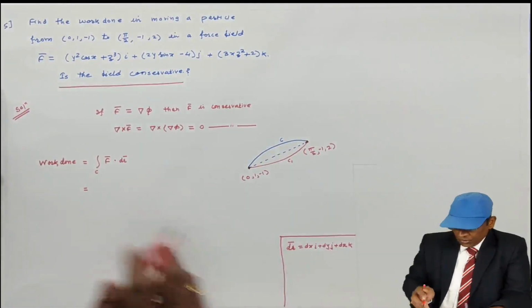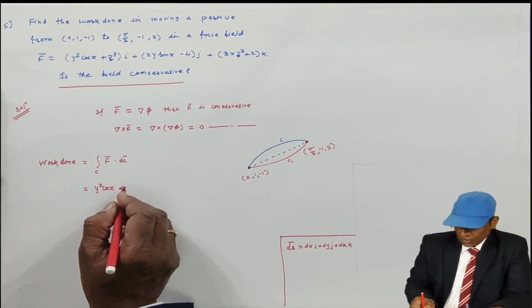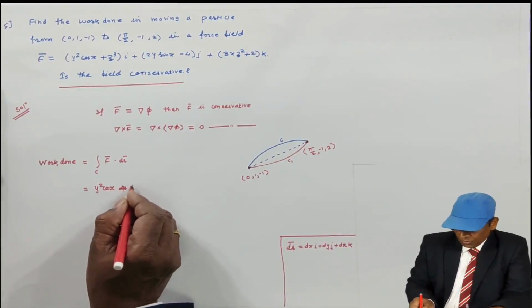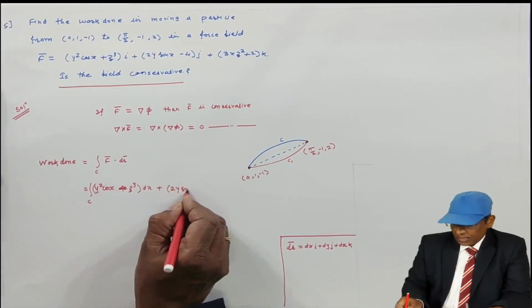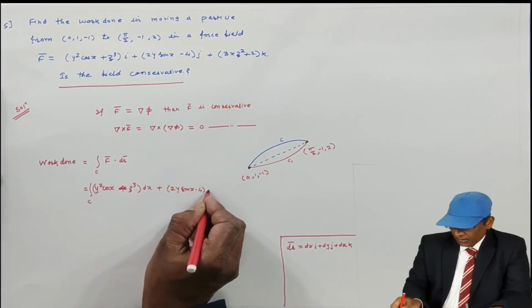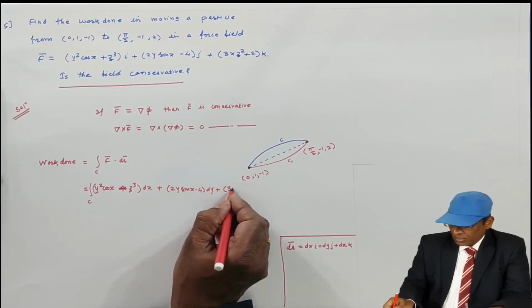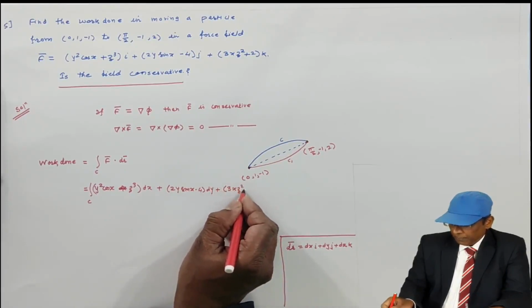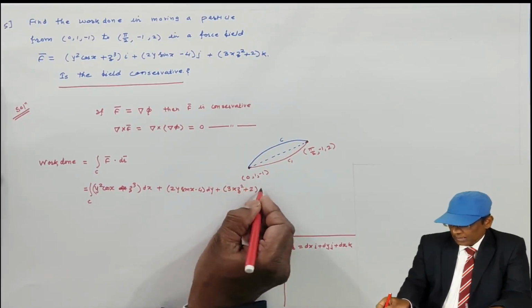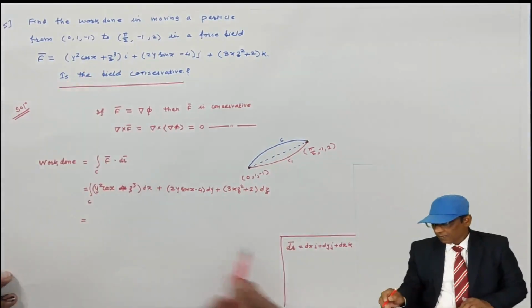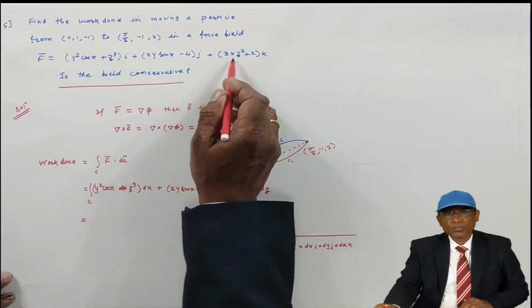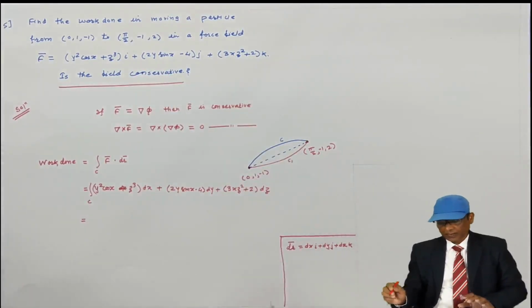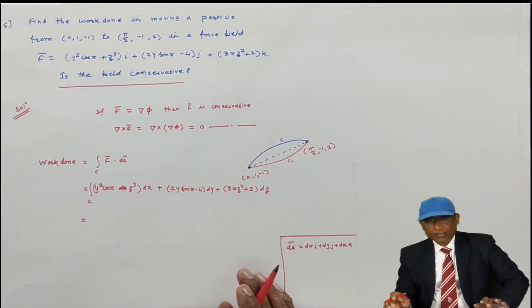F bar dot dr bar is what? (y square cos x plus z cube) dx, (2y sin x minus 4) dy, and (3x z square plus 2) dz. This multiplied by this, and coefficient of k multiplied by coefficient of k. This is F(r) dot dr.